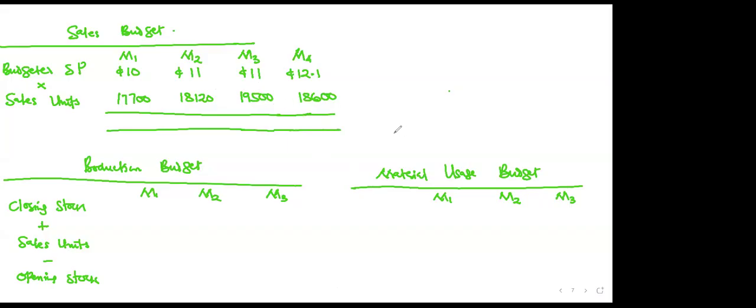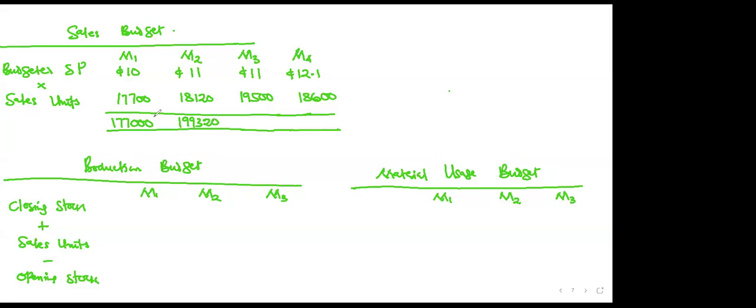Multiply for me quickly. No waste of time at all. 177,000 for month 1. Then month 2, 199,320.